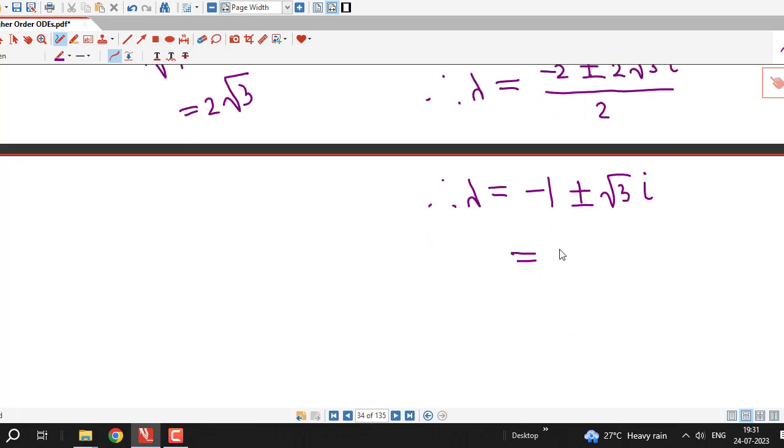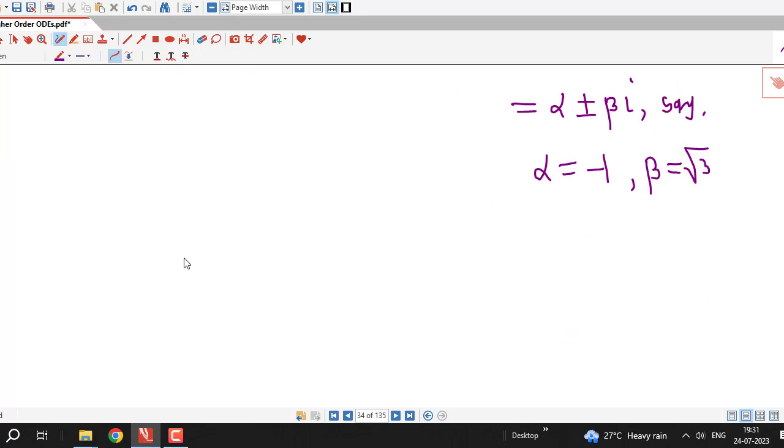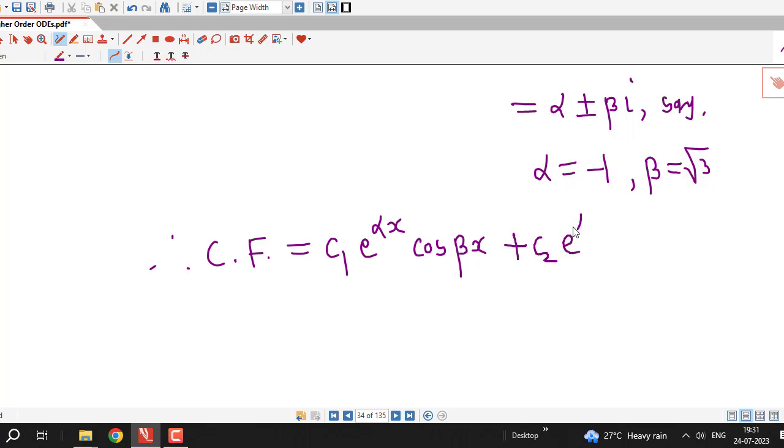And if we compare with alpha plus or minus beta i, we have alpha equal to minus 1 and beta equal to square root of 3. Therefore the complementary function is, because we have complex roots, the solutions are e raised to alpha x cos beta x and e raised to alpha x sin beta x.